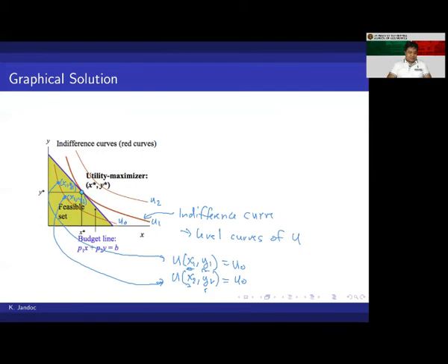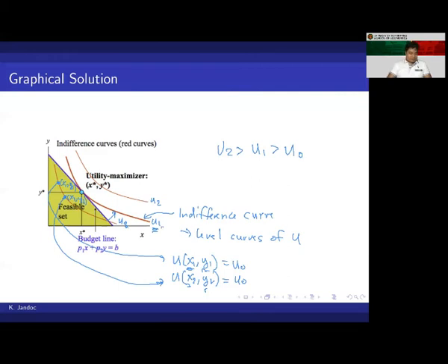Now in this case, the higher the indifference curve, the higher the level of utility. So U1 is bigger than U0, but U2 is biggest among U2, U1 and U naught.